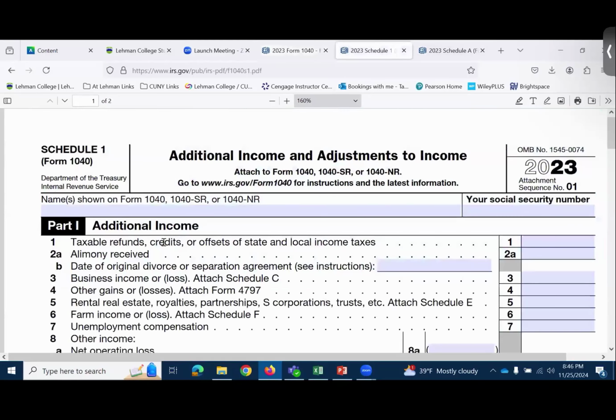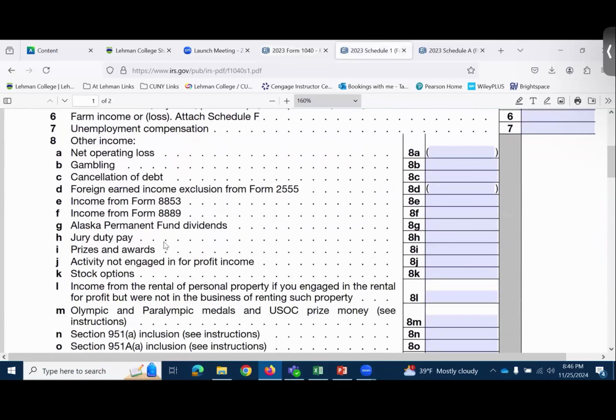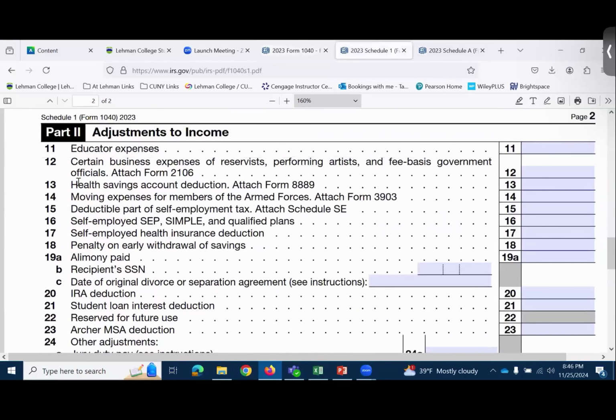On Schedule 1, page 1 is our additions to income. On Part 2, or page 2, is the health savings deduction. We're going to talk about that today. The deductible part of self-employment tax.